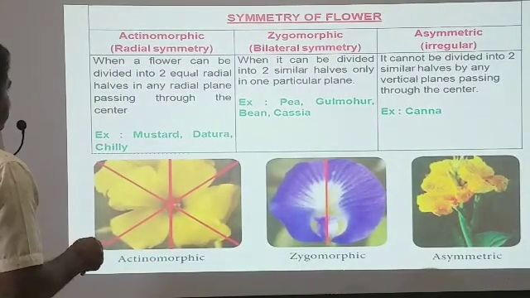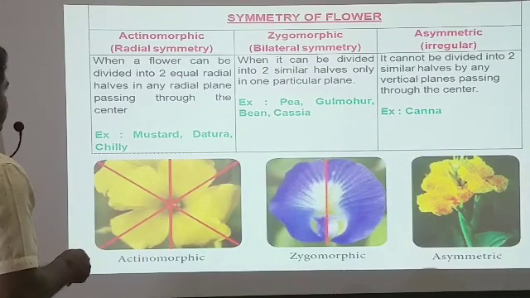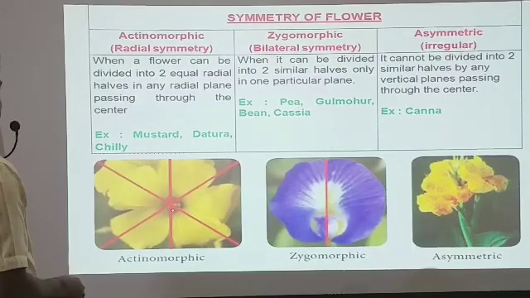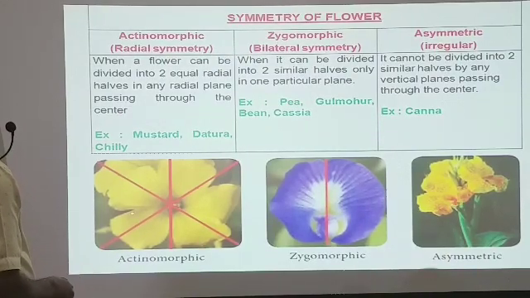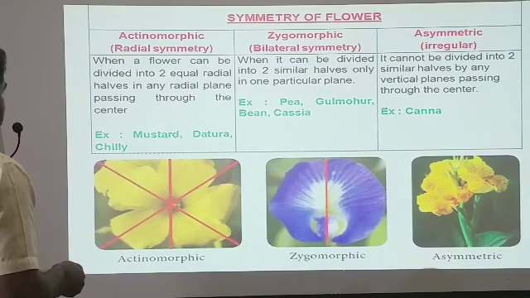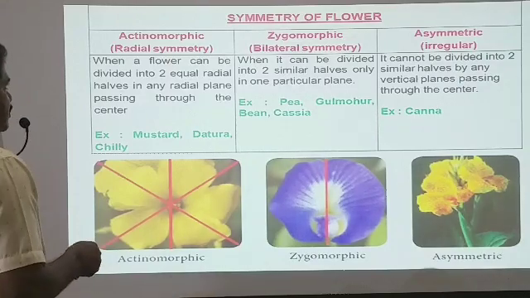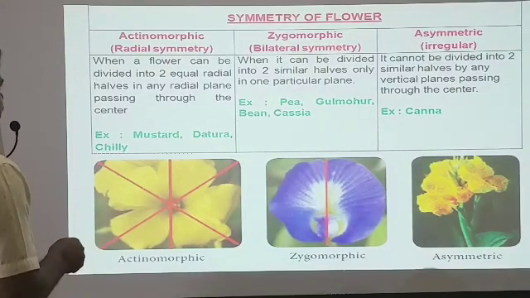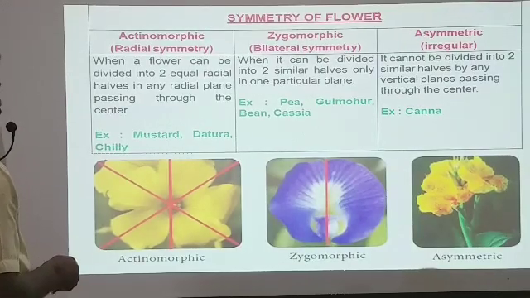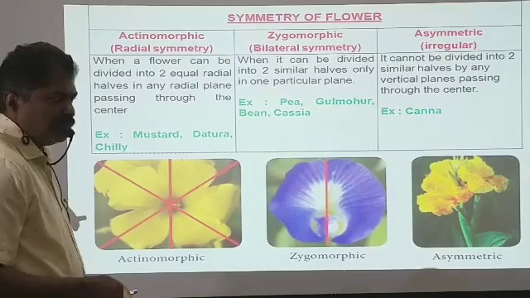The flower can be divided into two equal radial halves in any radial plane passing through the center. That is called radial symmetry. This type of symmetry we call an actinomorphic flower, for example Datura stramonium.